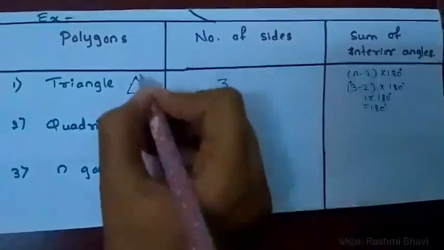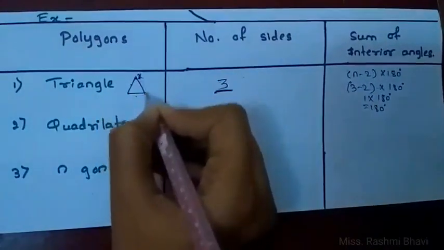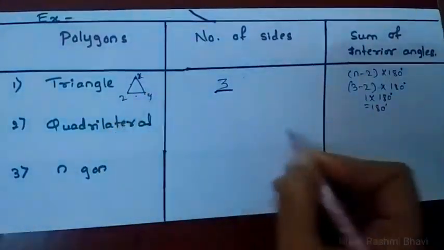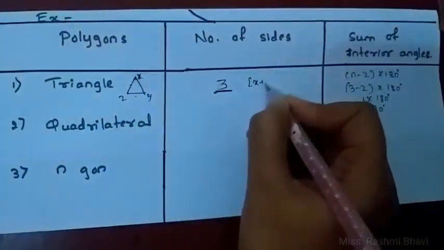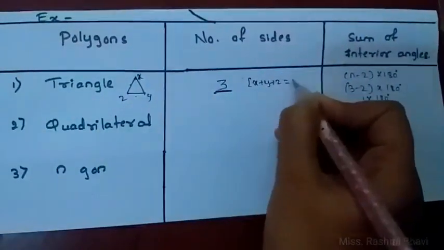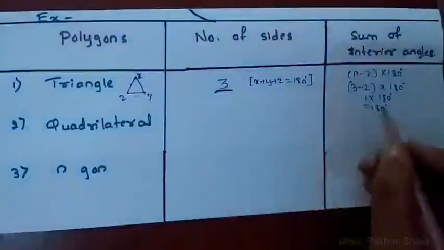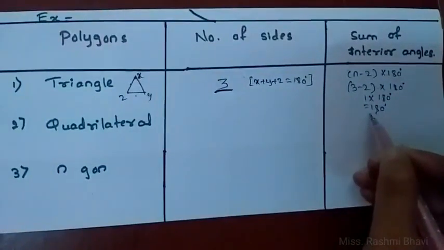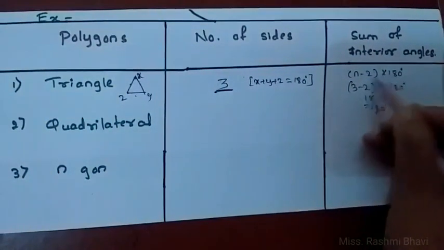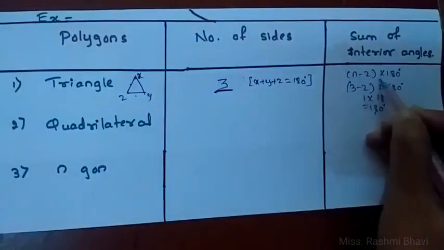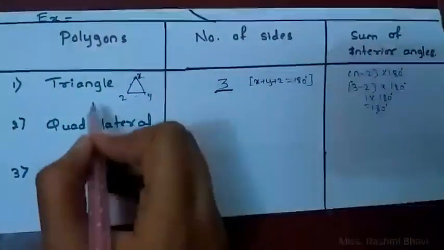If I give the name as the x, y, z, the formula we are using here, x plus y plus z is equal to 180 degree. This is the concept. How to find the sum of angles using the polygon formula. Here the polygon formula is n minus 2 into 180 degree. The example of polygon is triangle.